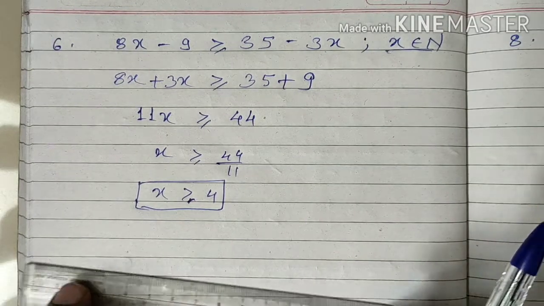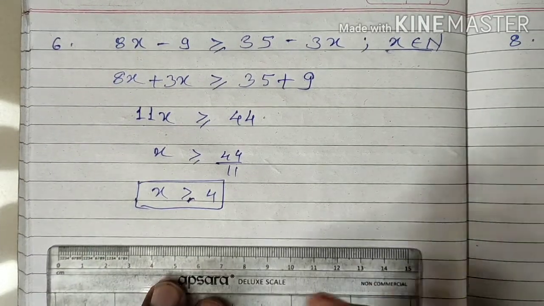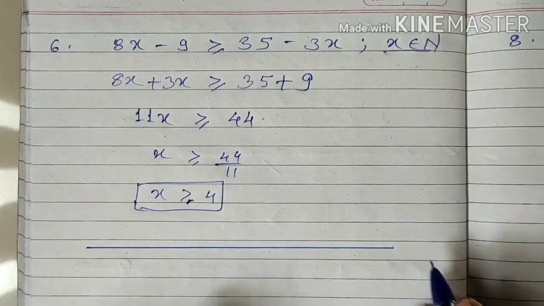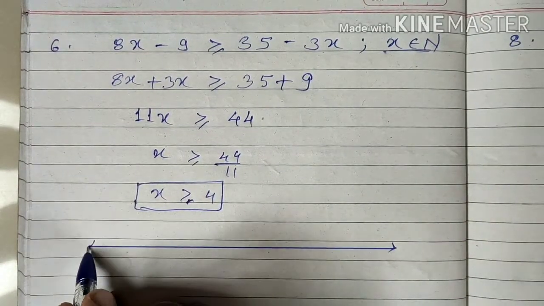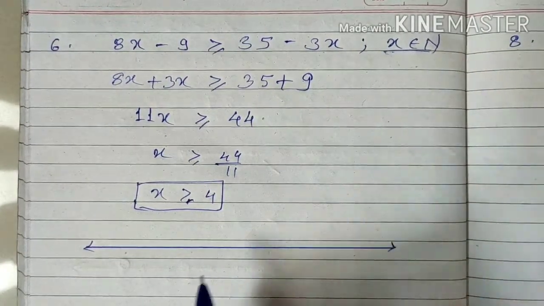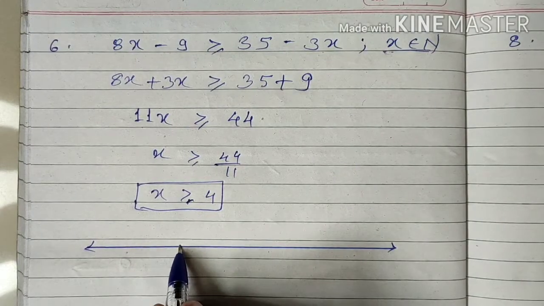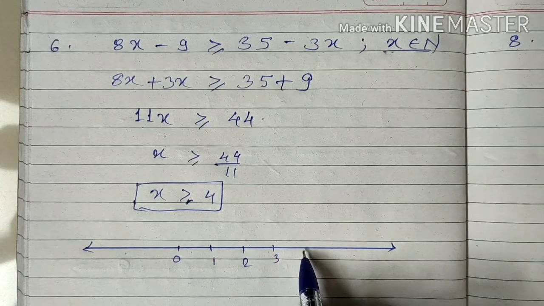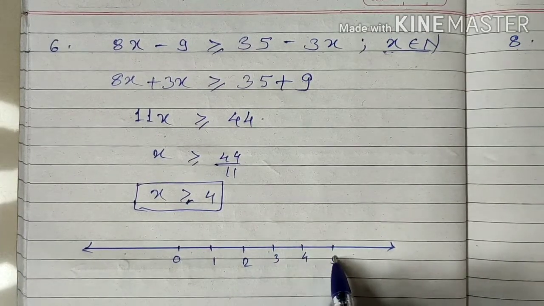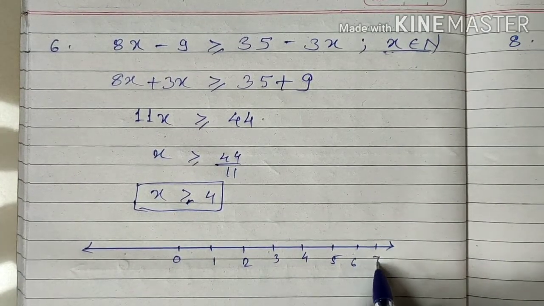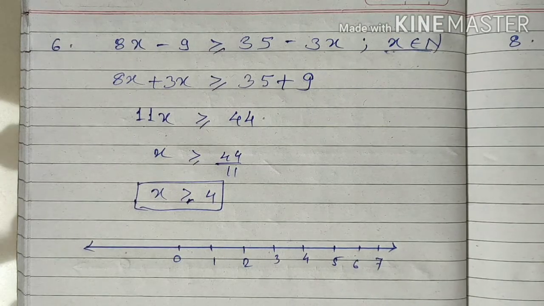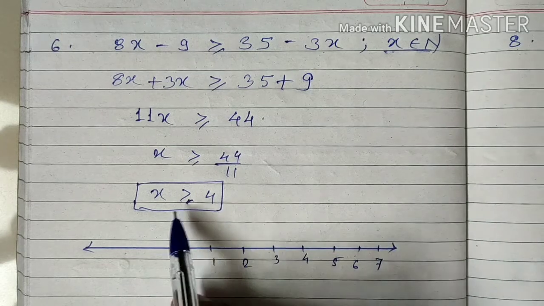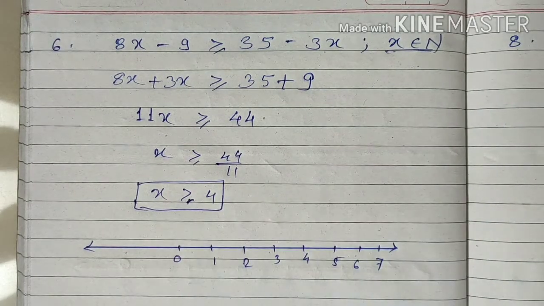So let us represent it on the number line. Here x belongs to the natural numbers. That means negative numbers will not be included in it. Now our x belongs to the natural numbers and the value of x is greater than or equal to 4.